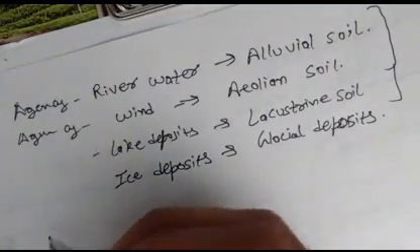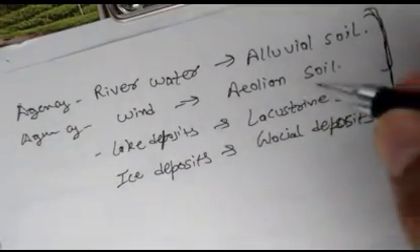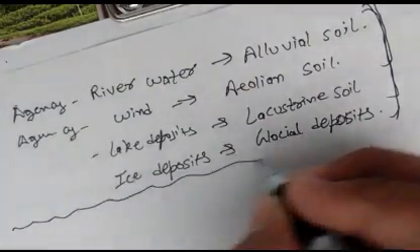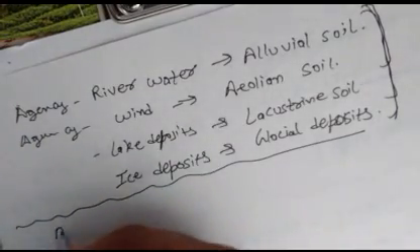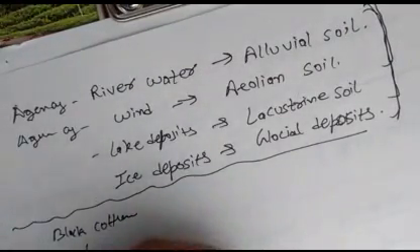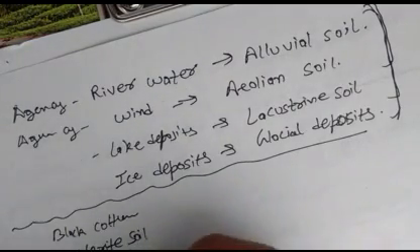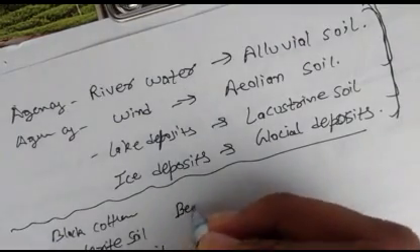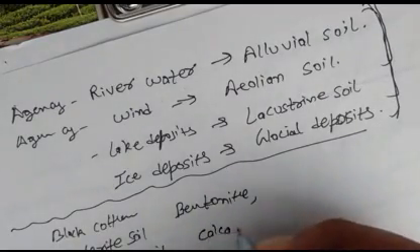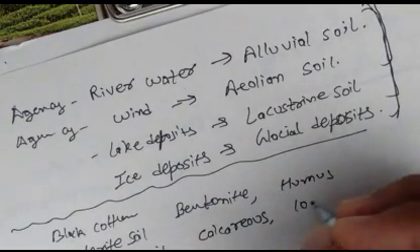So what we just need to know here is these few terms, and these few terms are dependent on the agency transporting them. Actually, we have various names of soil, like you can see we have black cotton soil, laterite soil, desert soil, bentonite, then we have calcareous, then we have humus, loam, peat.